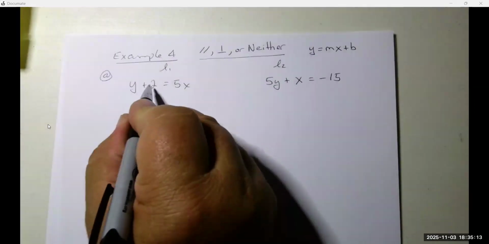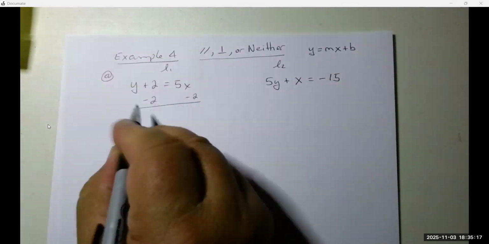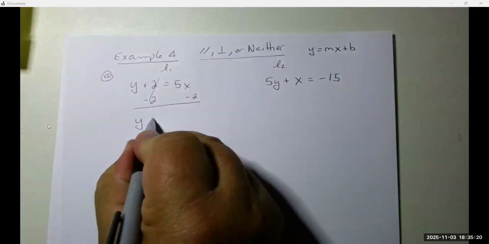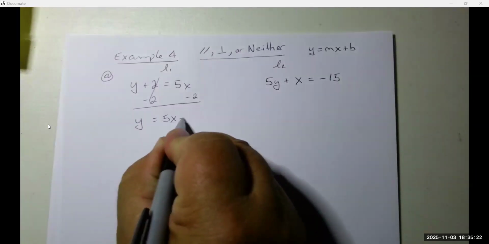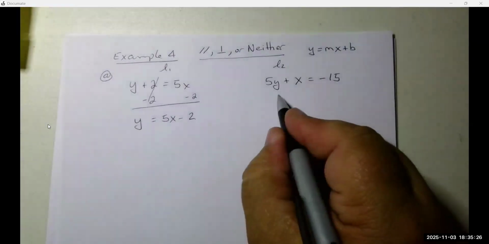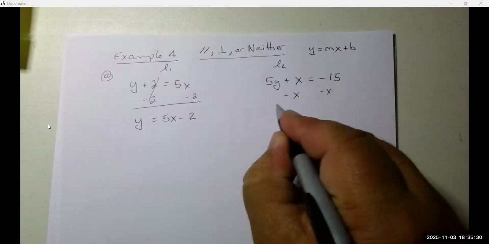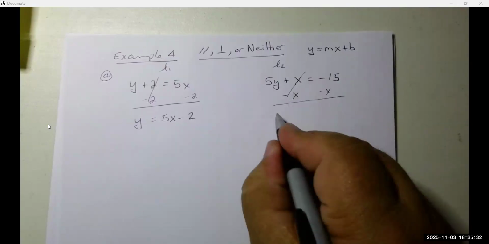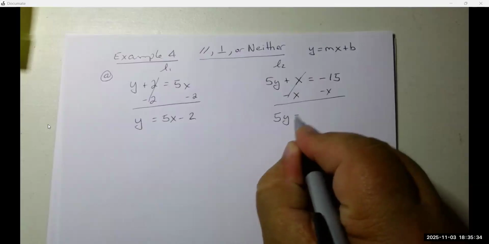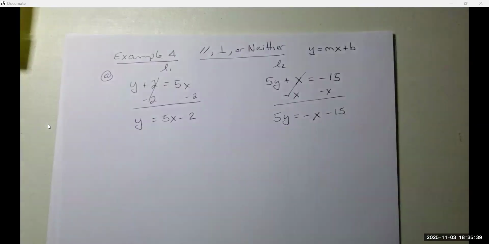In line 1 here, we subtract 2 from both sides: 5x minus 2. In this one, I subtract x first. We get 5y equals negative x minus 15.